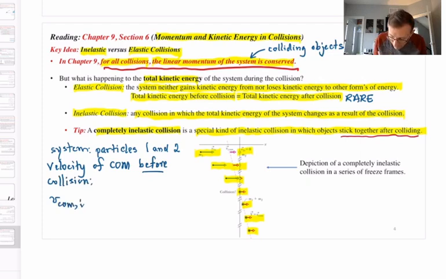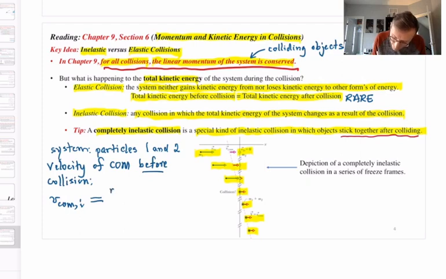Now here I need to just remember a handy little formula that I've used in a previous video lecture. If I've got a system of some particles, 2 in this case, they've each got some mass, they've each got some velocity. How do I calculate the velocity of that special point called the center of mass? Easy. Take the mass times the velocity for particle 1 plus the mass times the velocity for particle 2 and divide by the total mass if it's a 2-particle system.